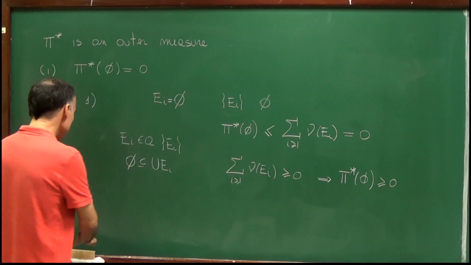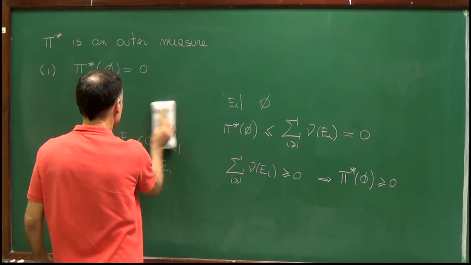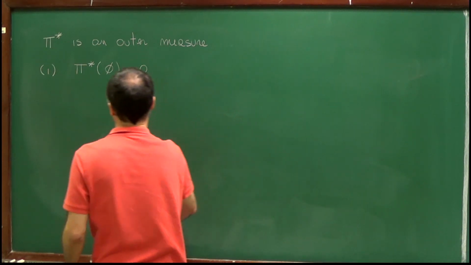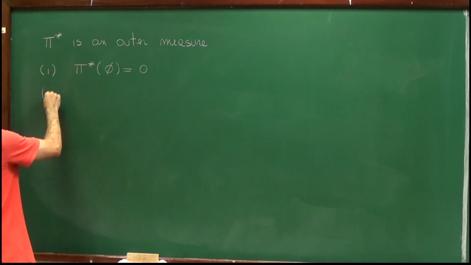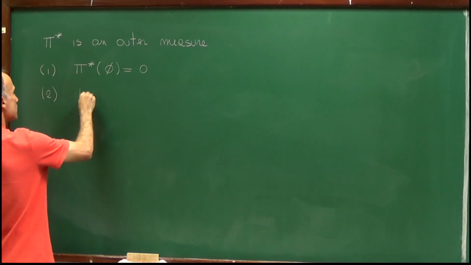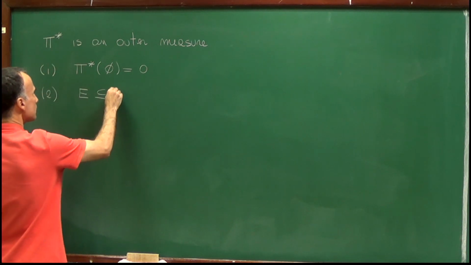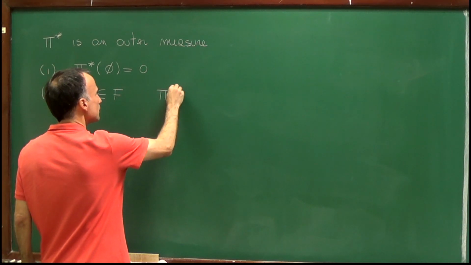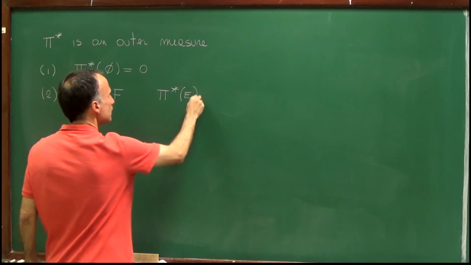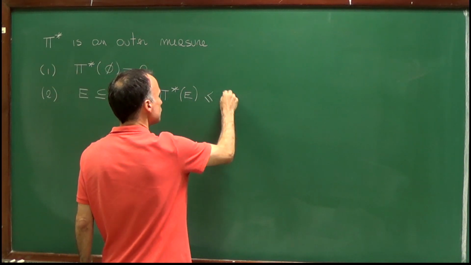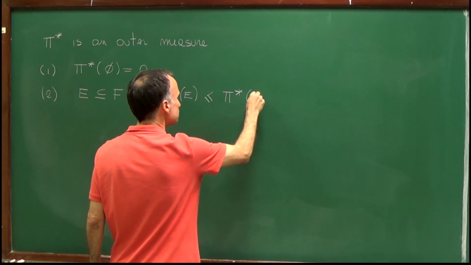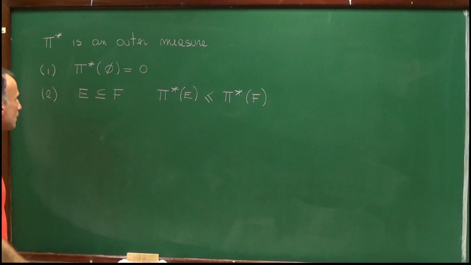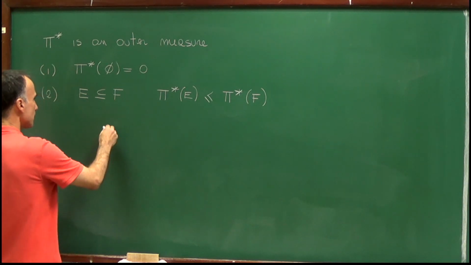Now, let's go to the second condition. So let's consider a set E contained in a set F, and we have to prove that P star of E is less than or equal to P star of F. Well, that's very easy.